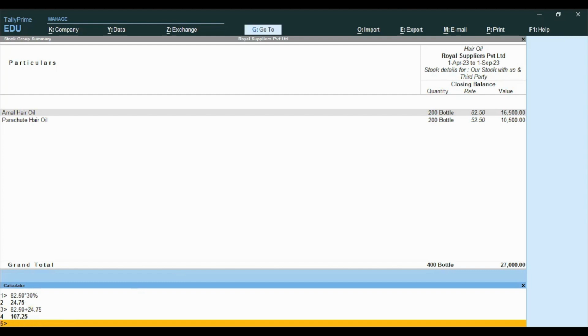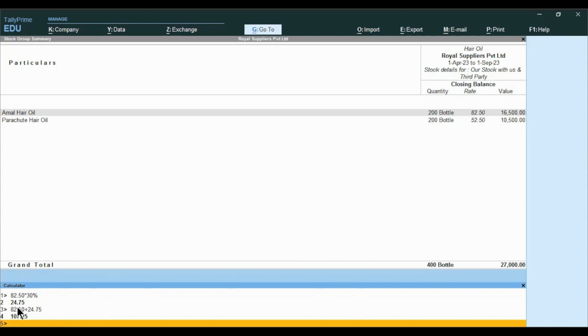If I sell the amla bottle at the rate of 107.25, then I can earn 30% profit on my cost of goods purchased. So this is how we can create standard selling rates with the required profit.